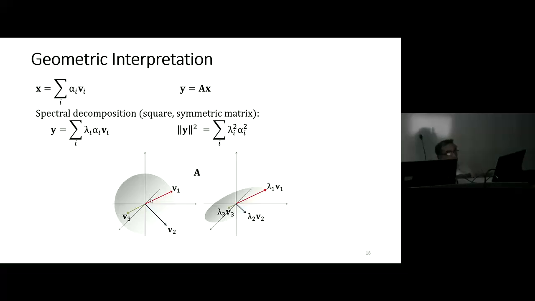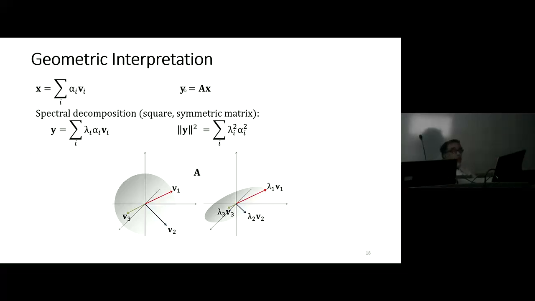So this is what happens. To get the highest amount of stretching from this expression, let's say we are confined to a unit vector. X is a unit vector, in which case we make alpha 1 equal 1 and all the subsequent alphas equal to 0.